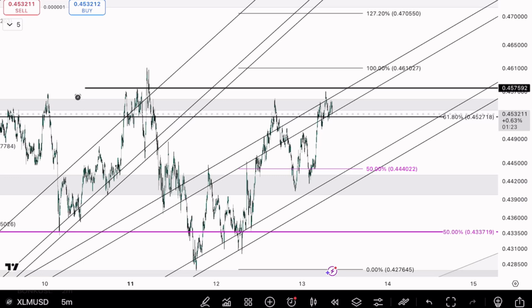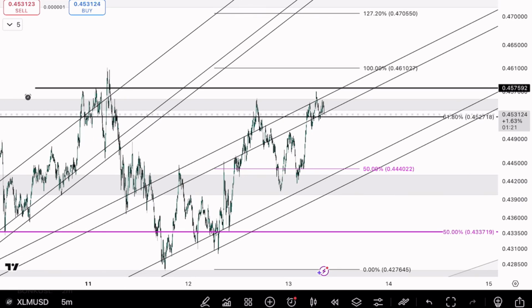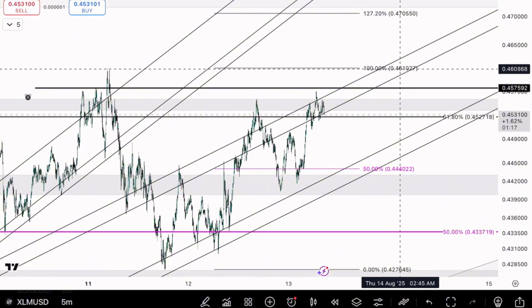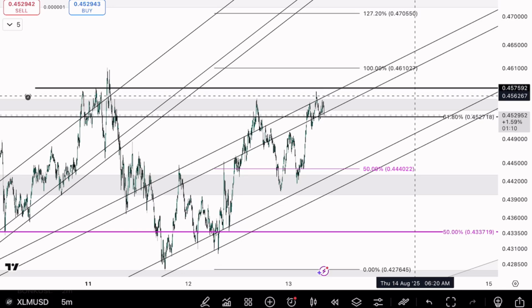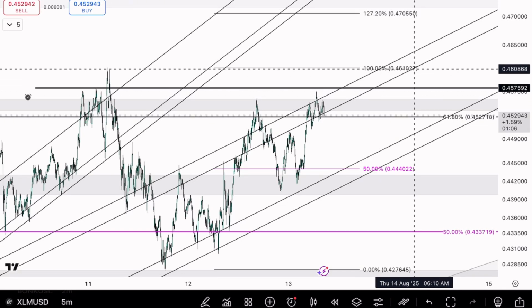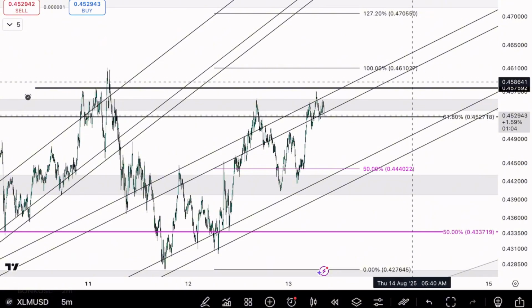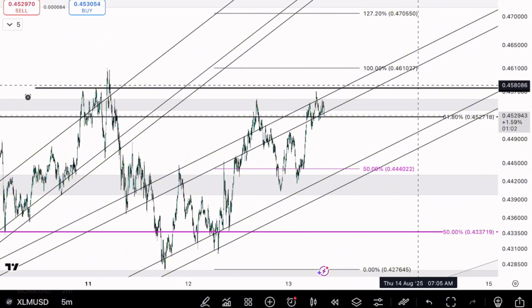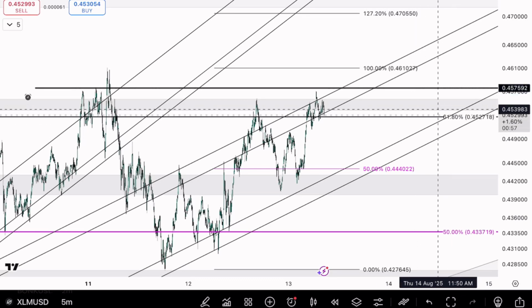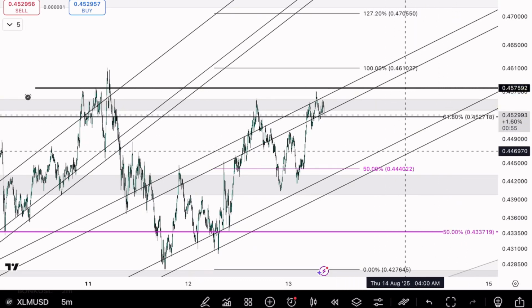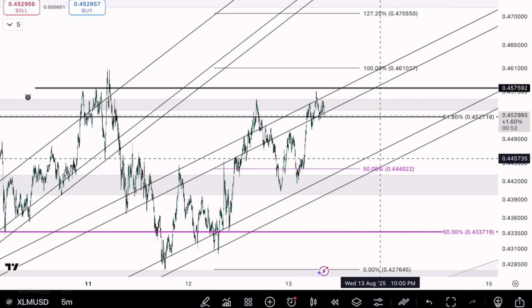Right, so I'm thinking it's probably trying to make its way back up to at least 100%. See what type of bounce you have after it hits the 100% level. If I was in a trade with XLM, I would come out at 100%, see if it's going to try to bounce down to this area, on this bottom.